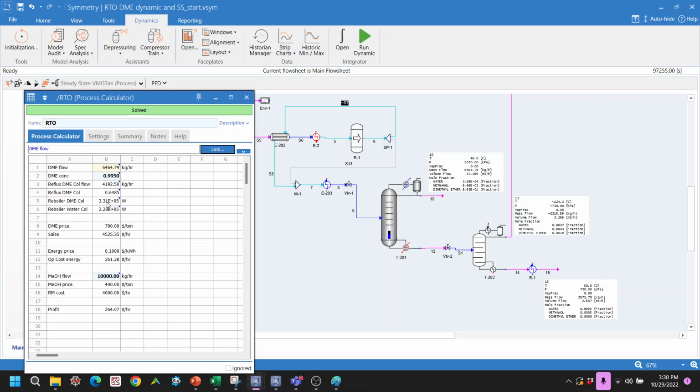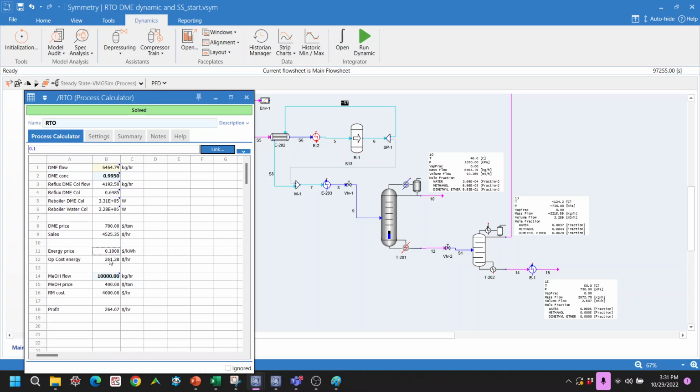I take the duties of this column and that column. And if I put like $700 per ton for the DME price, I can sell 4,500 dollars per hour. And the summation of these three reboilers, I can calculate if I put like 10 cents of a dollar per kilowatt hour.